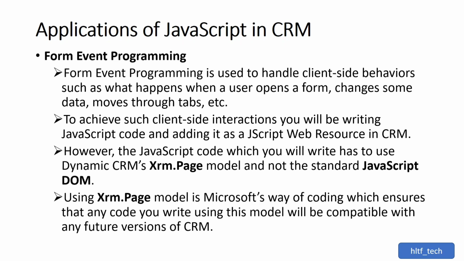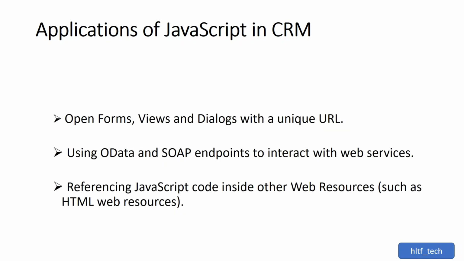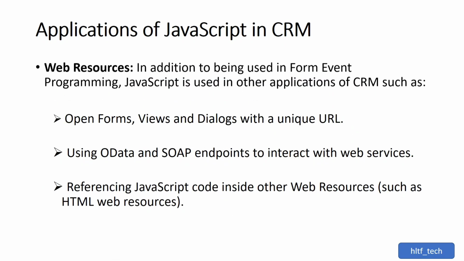Using the XRM.page model is Microsoft's way of coding, which ensures that any code you write using this model will be compatible with future versions of CRM, because commonly you need to import or export different unmanaged solutions in your different CRM environments. That is why it is always recommended and important to use the XRM.page model, which is the way of coding Microsoft is using.